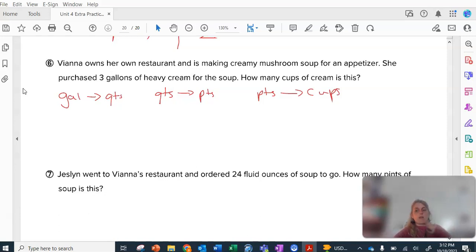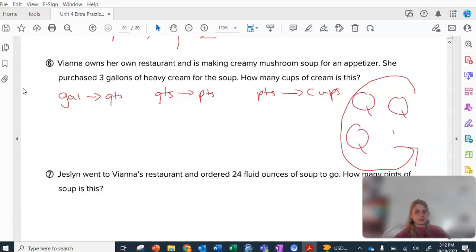Or you can think about my very handsome boyfriend, Gallon Guy, oh my gosh, he's so wonderful. He has 1 gallon, 4 quarts, 2 pints in each quart. I did not do a good job here.